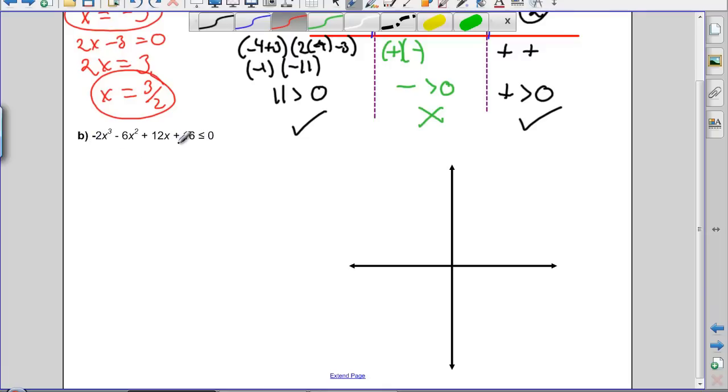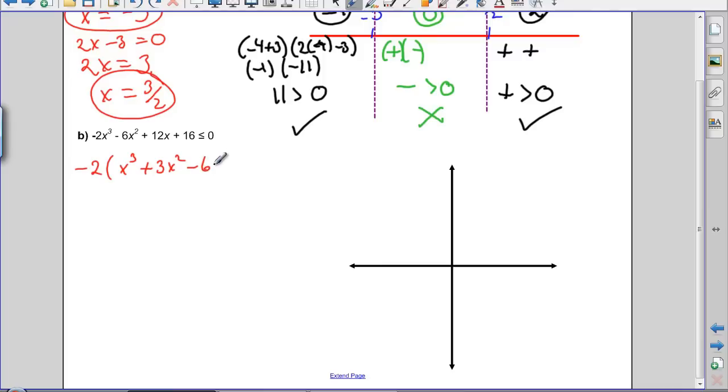And so I'd look for a common factor. And I notice that I can divide each of the numeric coefficients by 2. So the first thing I'm going to do is factor out a -2. Now, this is a good question. I want you to remember that that's a -2 out in front. What's left over is x cubed plus 3x squared minus 6x minus 8.